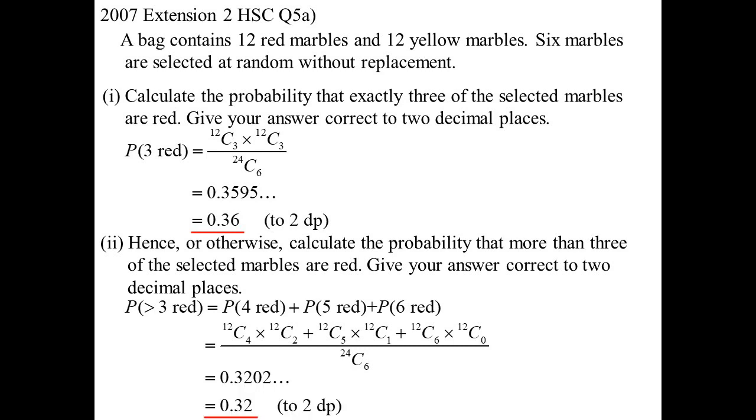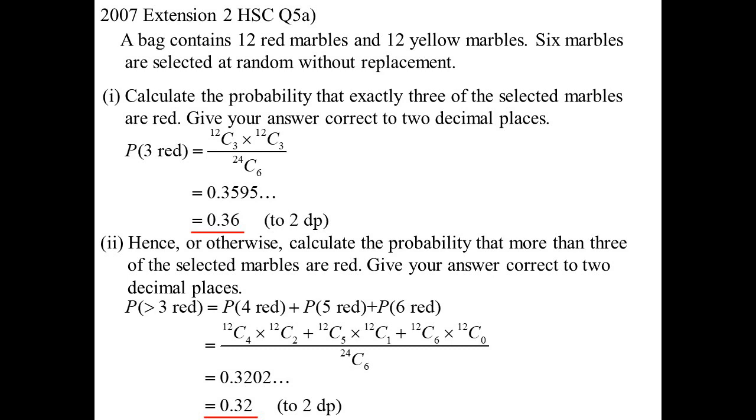And there's our answer, 0.32. But the interesting thing about this, it says hence. Now, hence means using what you've already worked out. I haven't really used what I've already worked out here. I went or otherwise, and that's fine, you can go or otherwise. But it does bring up the interesting question of how do you use part I to get an answer?